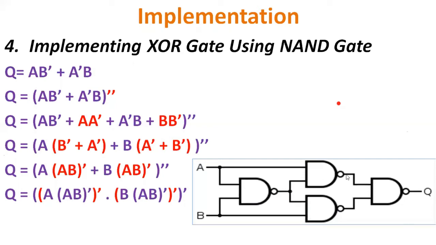This dot means the first term and second term should be given to the fourth NAND gate as an input, and this final bar represents the bubble, the final Q. So this final whole bar is the final fourth NAND gate's bubble. So this is how you can implement the XOR gate.